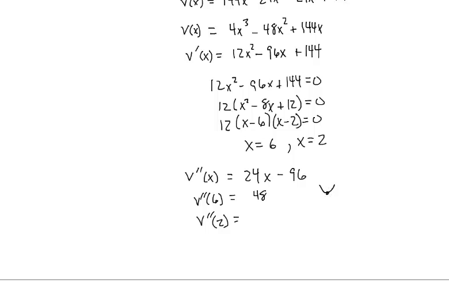So it would be a minimum. So x is equal to 6 would minimize the volume of this box. And we're looking to maximize it. So when we do V double prime of 2, we get negative 48, which means we're concave down, which would make x is equal to 2 a maximum. So when x is equal to 2, we maximize the volume of this box.